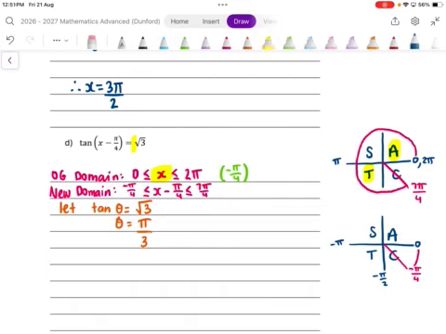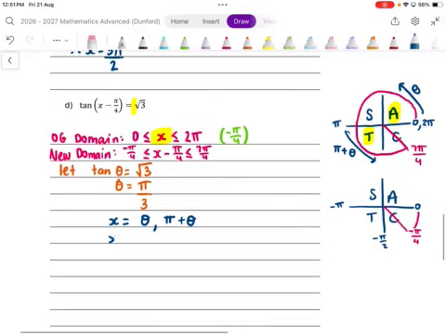So, what we have here is our answers for x. If we're in our A quadrant, it's just theta. If we're in our T quadrant, it is pi plus theta. So what we will have is that x is equal to theta and it is equal to pi plus theta.